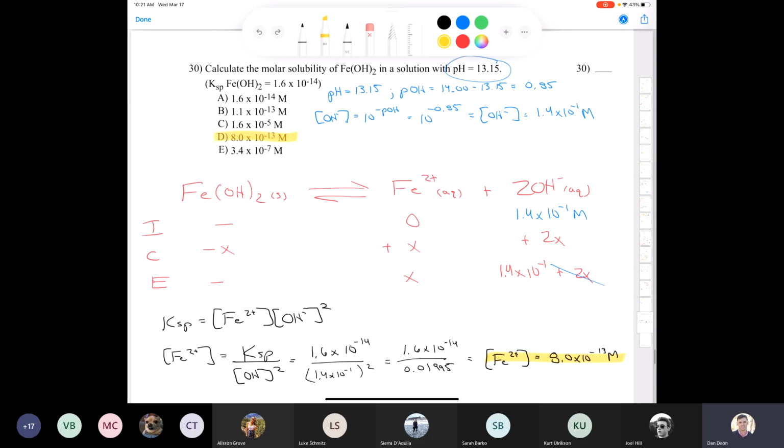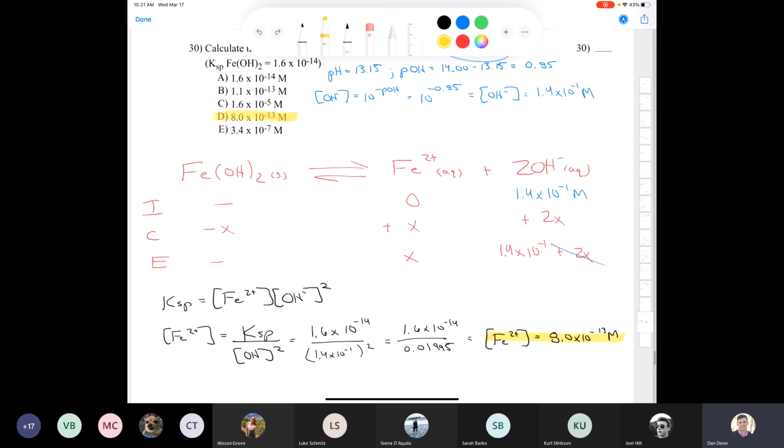I'm just kind of thinking to myself here, but I made some notes to myself. Sometimes I carry extra sig figs. So if you try this problem at home by yourself, and you carry an extra sig fig for the concentration of your hydroxide ion, you'll get 1.41 times 10 to the negative 1.